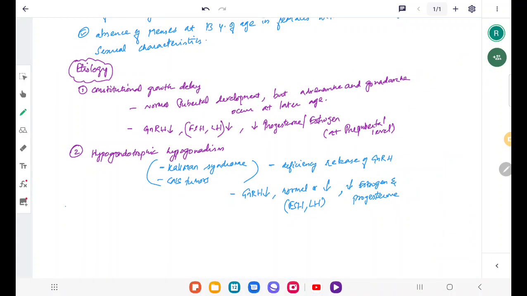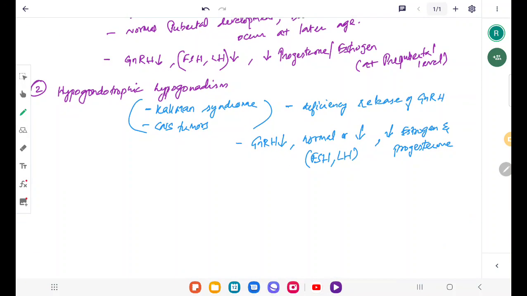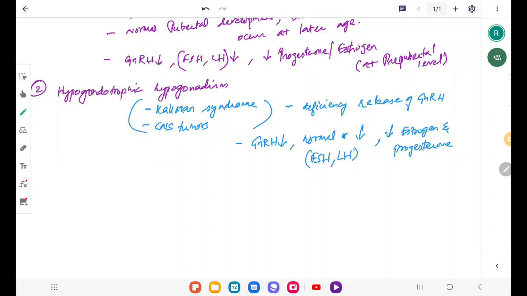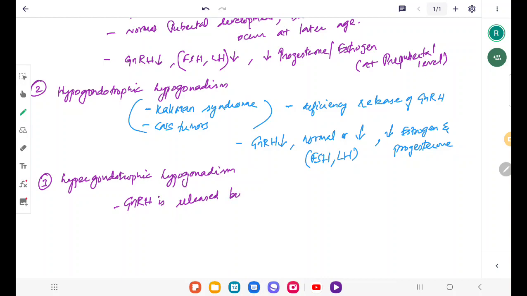Alright, now we have another cause, which would be due to hypergonadotrophic hypogonadism. In this situation, the GnRH is released at normal levels, but the ovaries of the female fail to produce estrogen and progesterone.